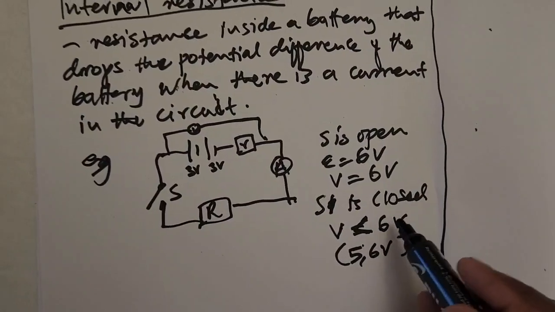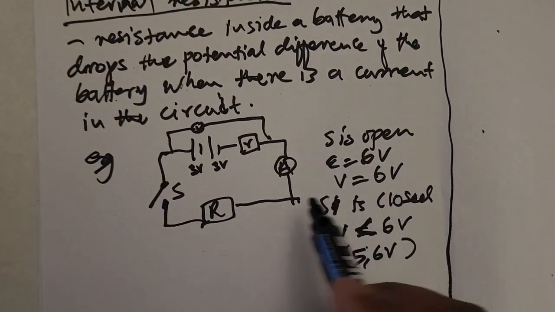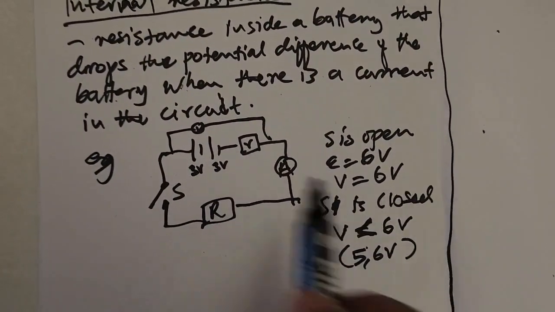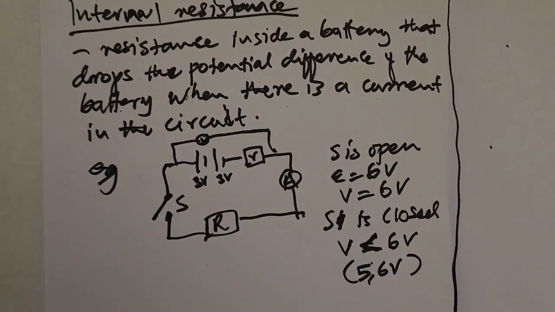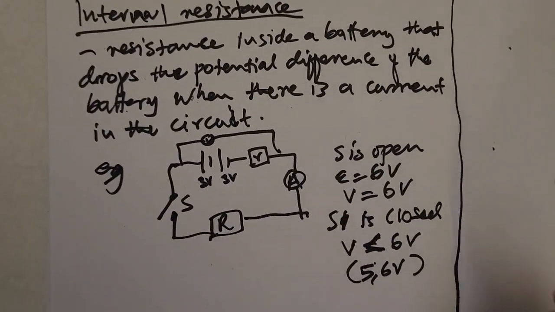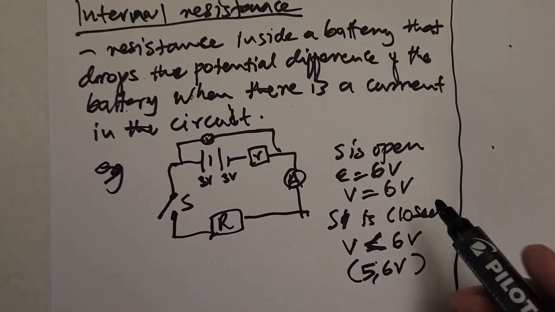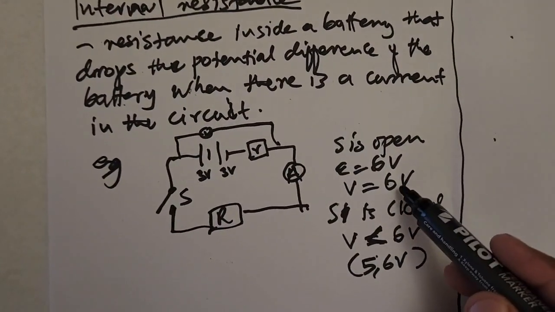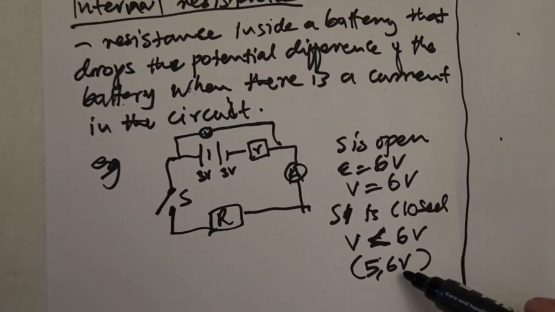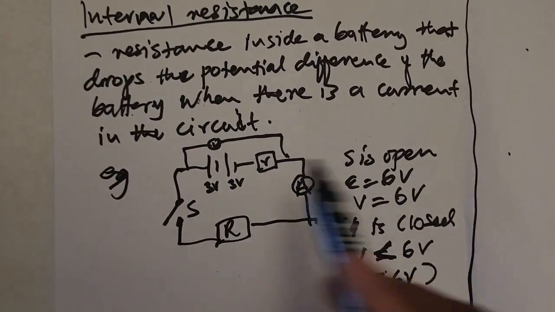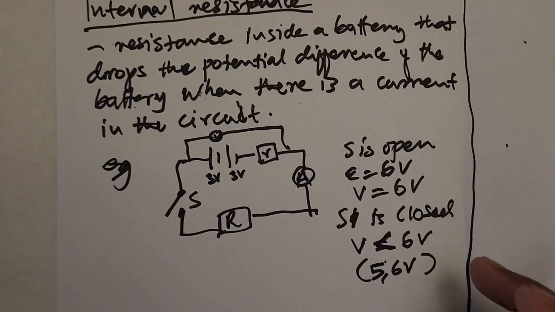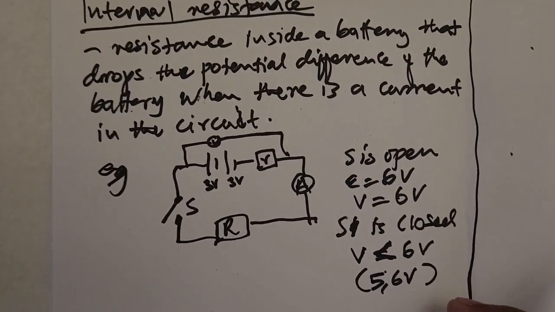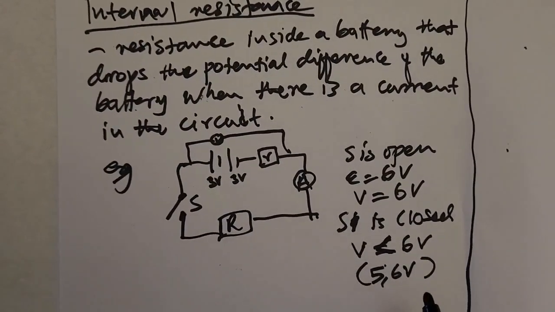I mean that there are lost volts when the current is flowing, due to the internal resistance. That's why we say this is the resistance in the battery that drops the potential difference. The potential difference drops from 6 to 5.6 when there is a current flowing in the circuit. That's about the EMF and the internal resistance.